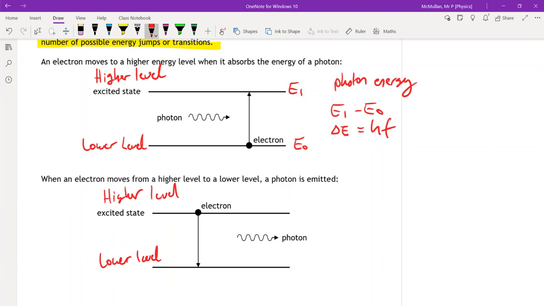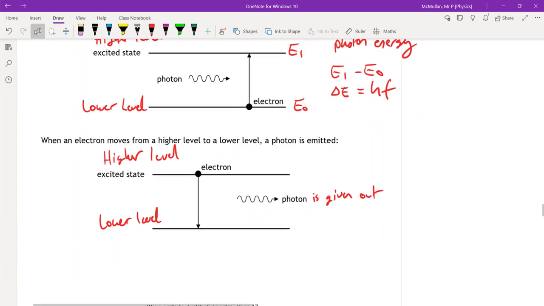what happens to the energy it's gained? It turns into kinetic as it moves back down, but it's not given out as heat, it's given out as light. Good. Okay, a photon is given out. The energy of the photon given out is equal to E1 take away E0, and we know that's equal to hf.